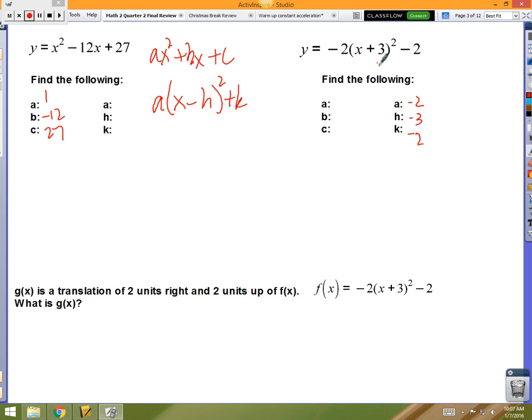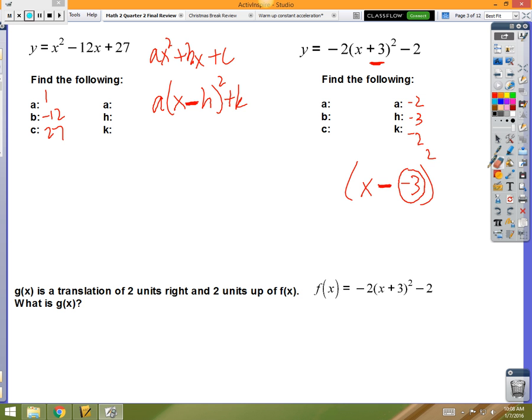So the h is the one you're going to mess up on, because the h is always opposite of what it is in here, because there has to be a minus in the parentheses. So this is actually like a x minus a negative 3. So that's why it's a plus. So the h is whatever is after the minus, and after the minus is a negative 3.